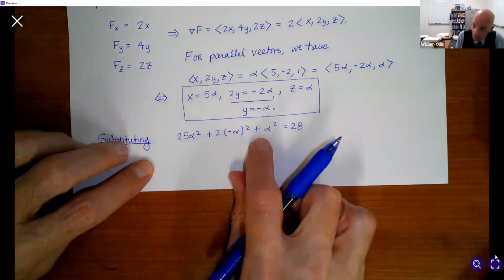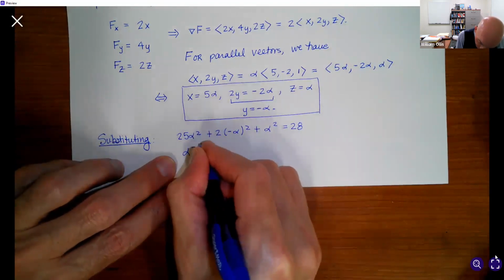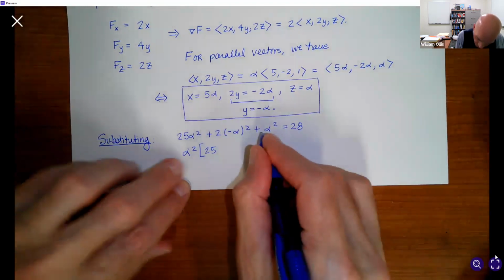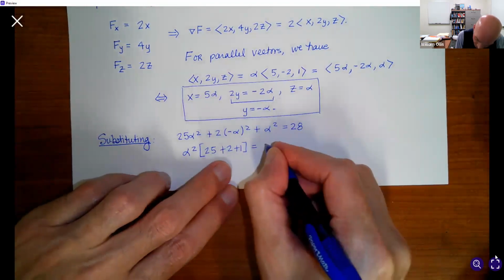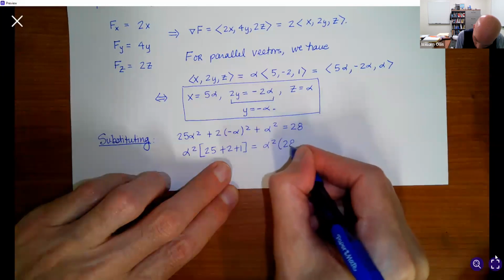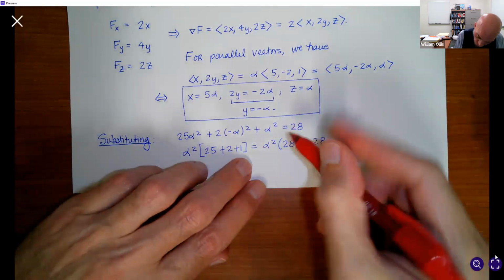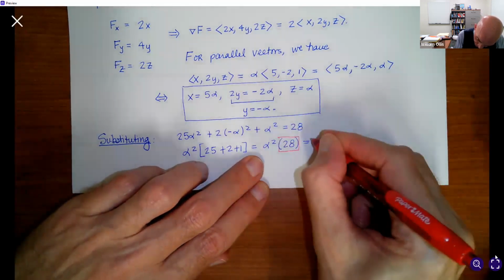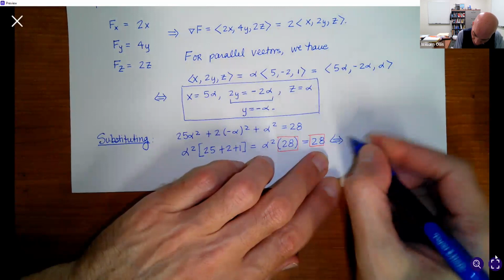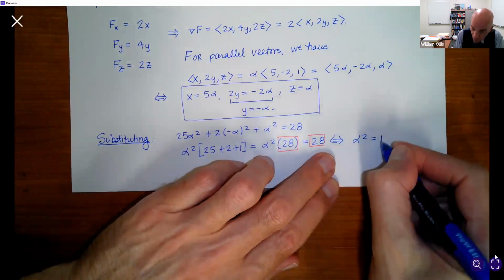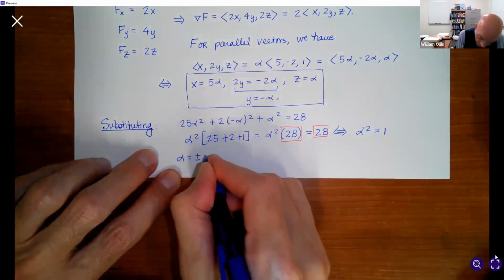Of course, we have alpha squared in all of the terms, so we have alpha squared times 25 plus 2 plus 1, which is 28, equal to 28. So clearly, the 28 is absorbed. We're left with a very simple equation: alpha squared equals 1. By the square root principle, alpha is plus or minus 1.